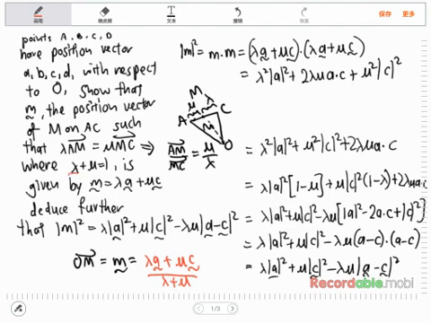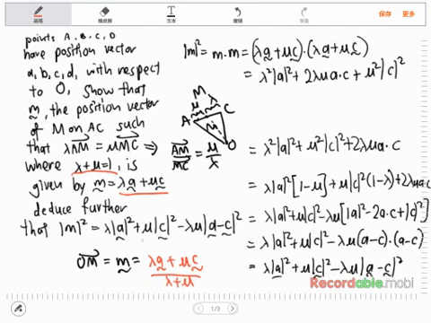But since lambda plus mu here is 1, therefore I arrive at my proof here. So okay, then the next thing is how to deduce further that mod m square equals to this.